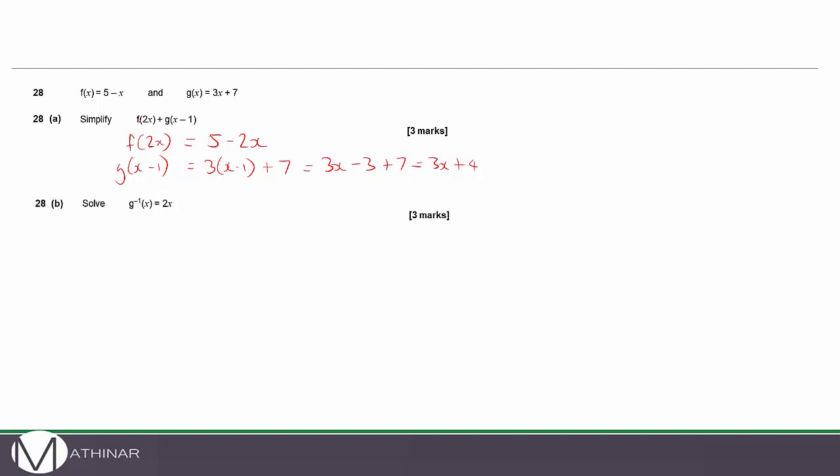And the question is to simplify f of 2x, which is 5 minus 2x, add g of x minus 1, which is 3x plus 4. So we just need to simplify this. 5 and 4 give you 9, minus 2x plus 3x is plus x. So this simplifies to 9 plus x, or x plus 9.